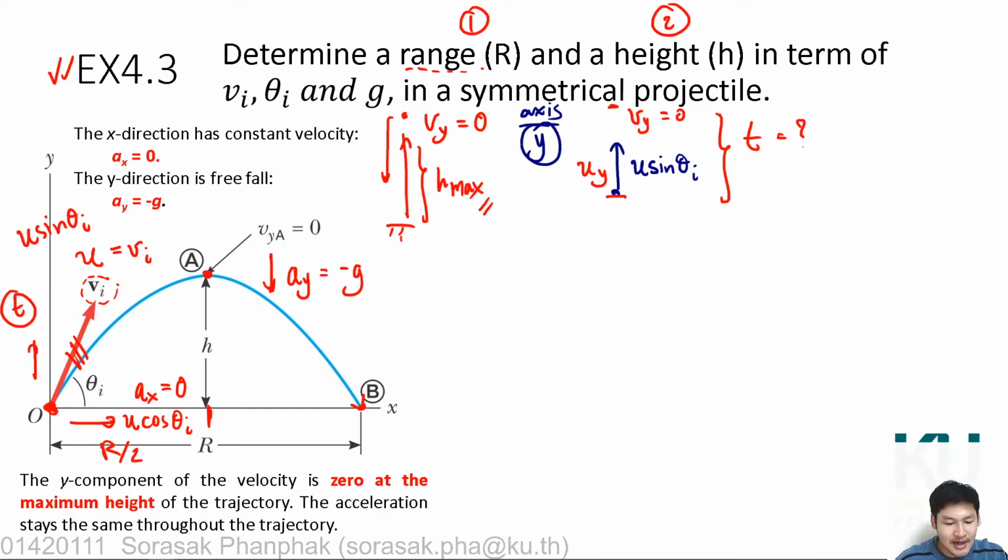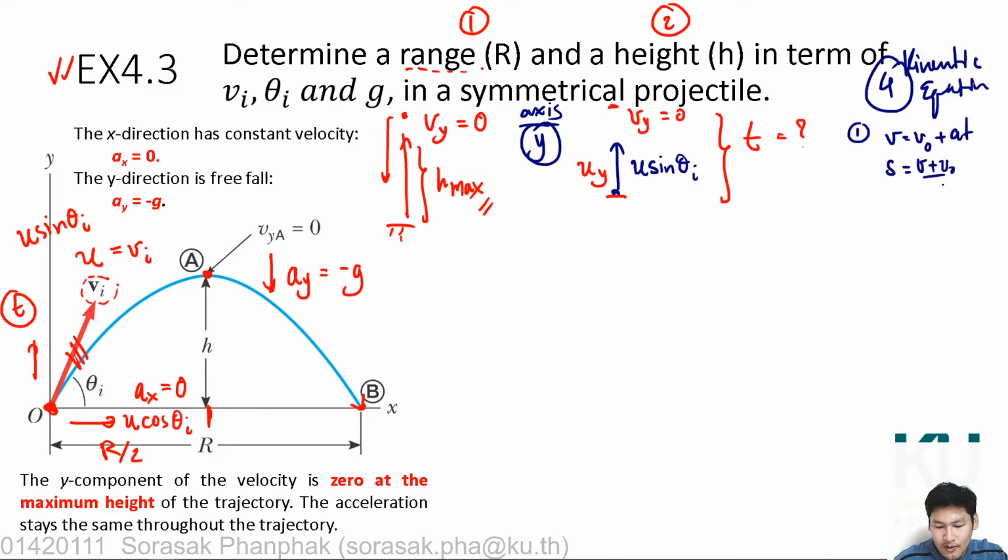So now we can write down the relation. To find t, I have 4 major kinematics equations, right? Let me revise them for you now. v equals v0 plus at; s equals (v plus v0) over 2 times t; s equals v0 t plus 1 over 2 a t squared; and also v squared equals v0 squared plus 2as.